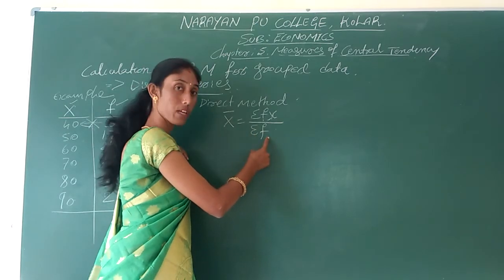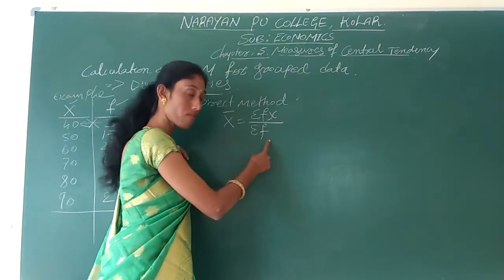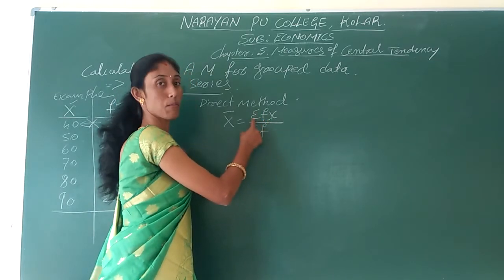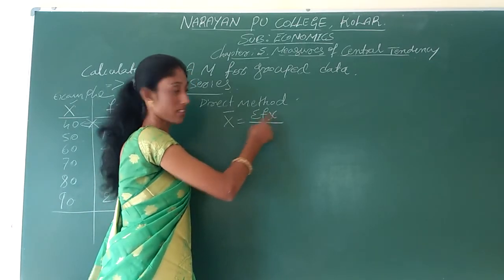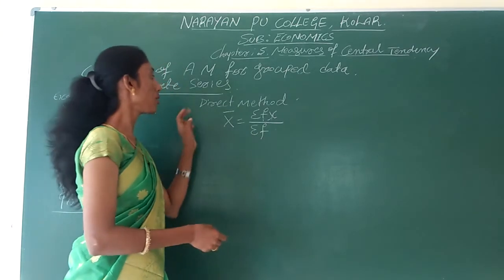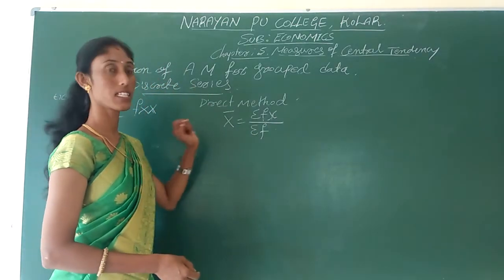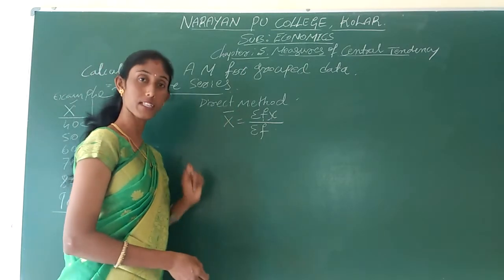This is one simple formula to calculate arithmetic mean for discrete series data under the direct method.